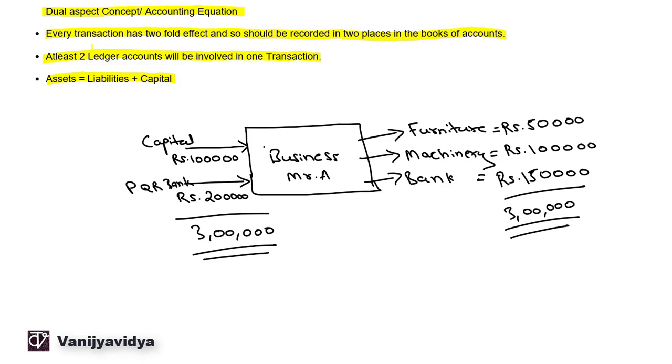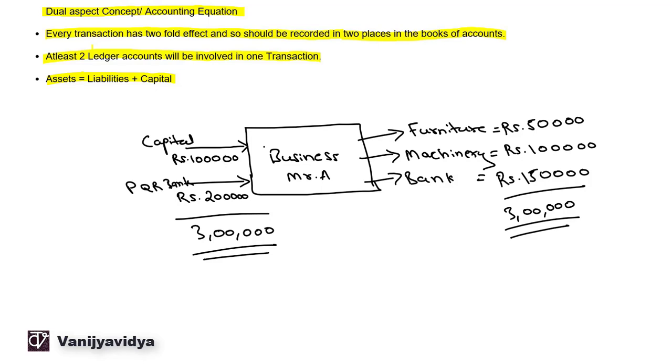Now, accounting equation states fundamental relationship among different components of the balance sheet. While preparing a balance sheet of an entity, we represent their assets, liabilities and capital. Therefore, the accounting equation is also known as a balance sheet, and balance sheet is always prepared as on a particular date or as at a particular date.